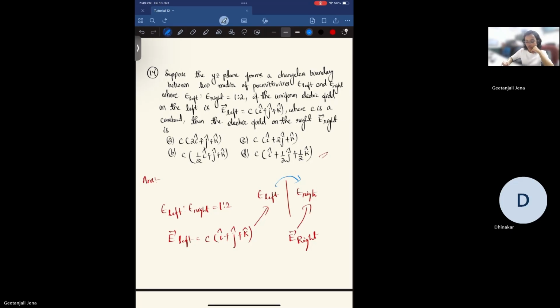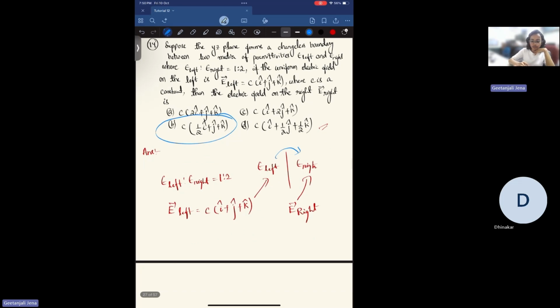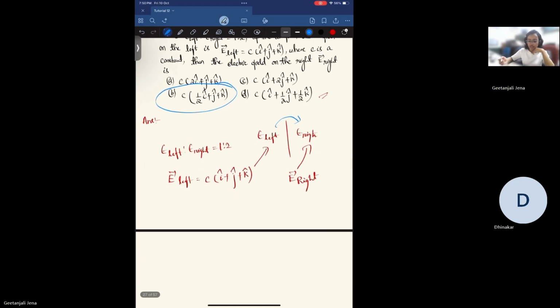Ma'am, is it option B? Option B. Yes, it's correct. So good. So always remember one of the boundary conditions. I think you can easily guess the boundary condition for the other.